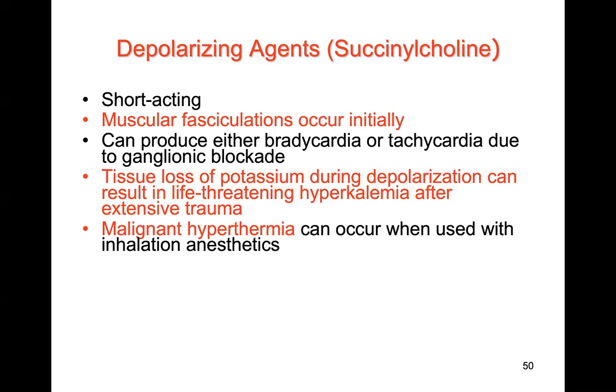With extensive trauma you've already got a lot of potassium loss, and if you stimulate it, you get some more. The potassium leaves the tissues and gets into the blood, so you can actually develop hyperkalemia.